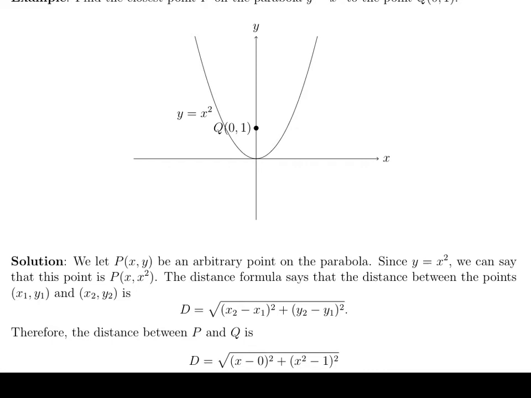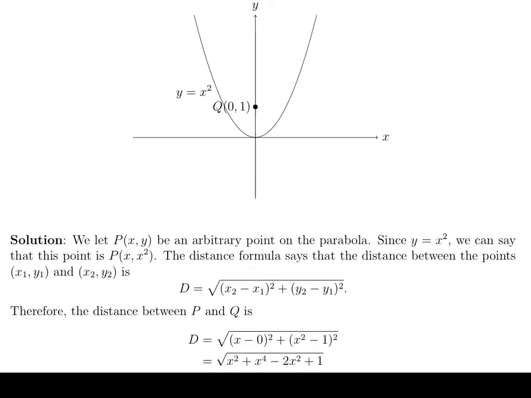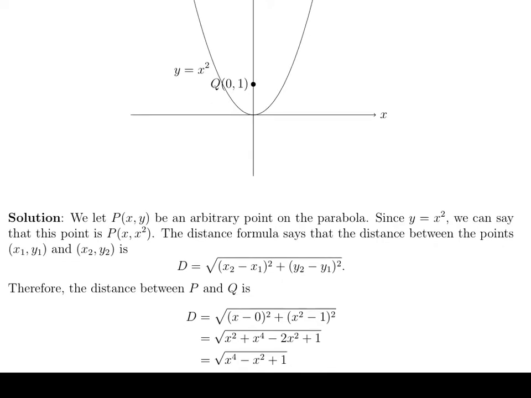Let's clean up the radicand. I used radicand. That's the word that means the thing that's inside the radical. Okay, so if we multiply everything out, then we'll get x squared plus x to the fourth minus 2x squared plus 1. Let's clean this up just a little more, and we end up with this.